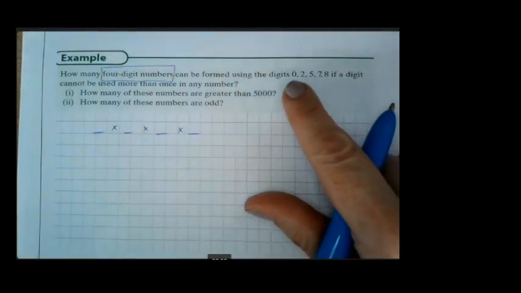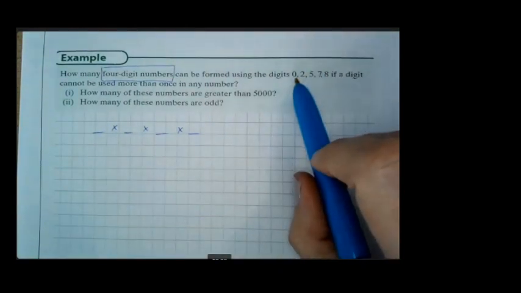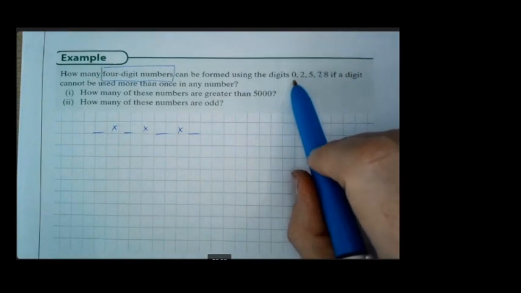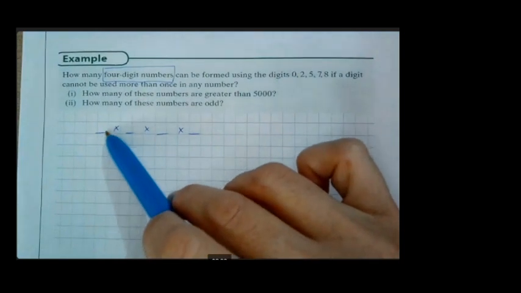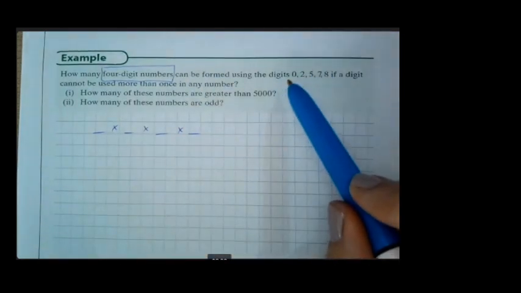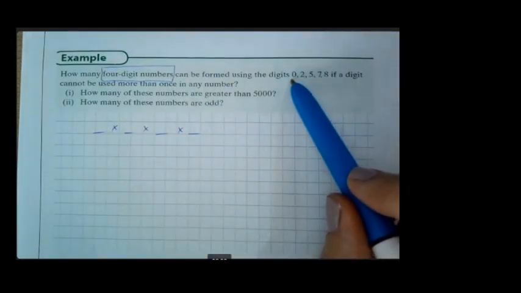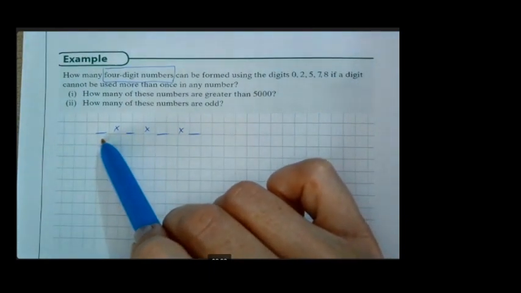Well, technically, if we're talking about a 4-digit number, we can't have 0 at the start, or it wouldn't be a 4-digit number. So we can't include the 0 in our options for that first position in the context of this question.